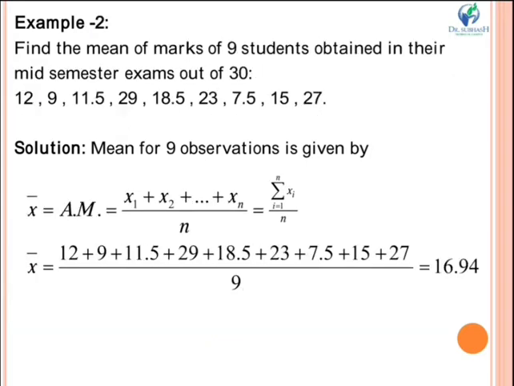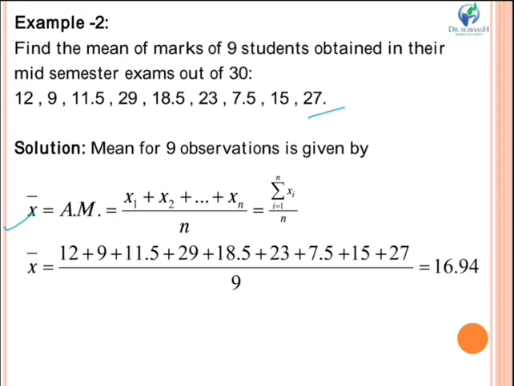One more example of the same type. Find the mean marks of 9 students obtained in their mid-semester exams out of 30. There are 9 students, so n equal to 9 and their marks out of 30 are given to us. So this is again of the first type. So mean will be given by summation of all the terms divided by the total number of terms.